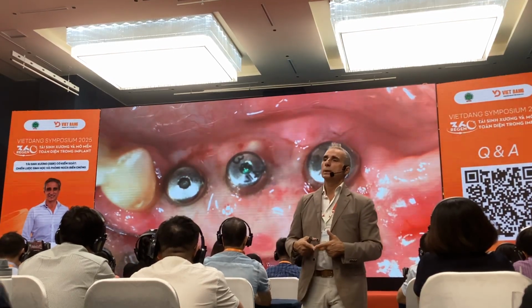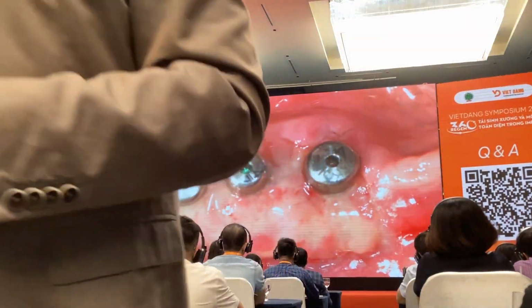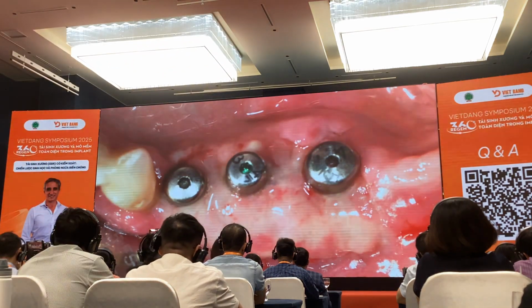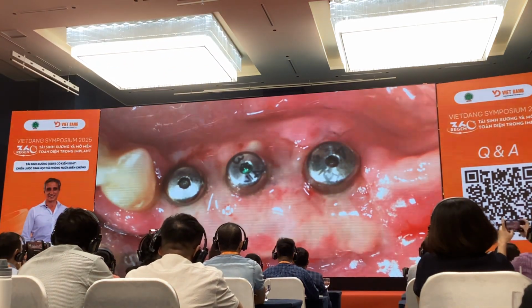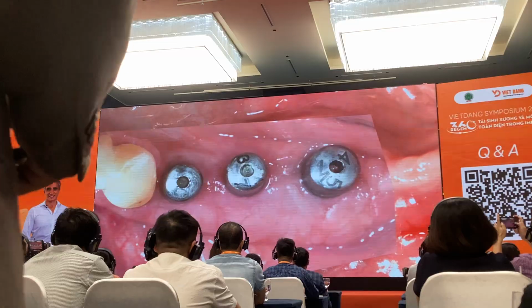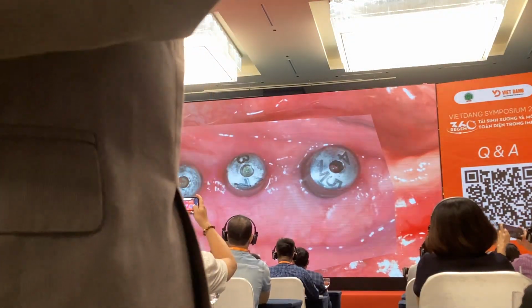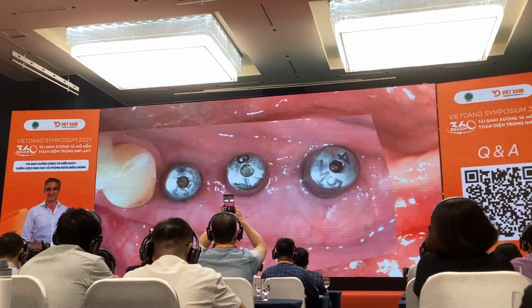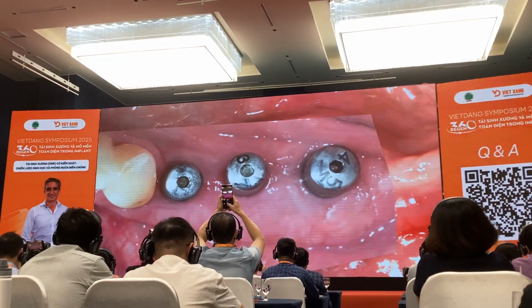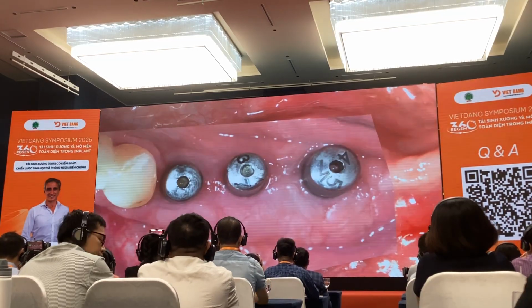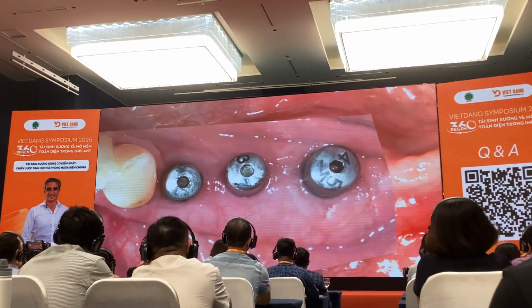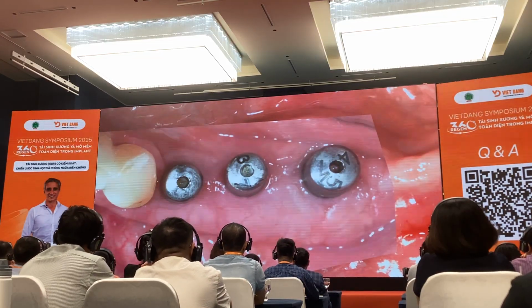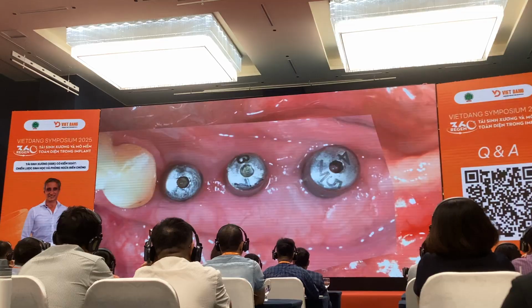We restore a big quantity of keratinized tissue band around the implants. We restore the depth of the fornix. And this is the maturation. A good biological seal around the implants that is needed for the prognosis of our implants.